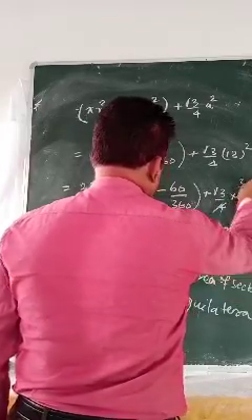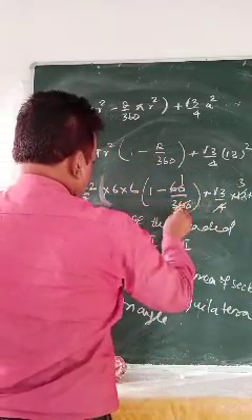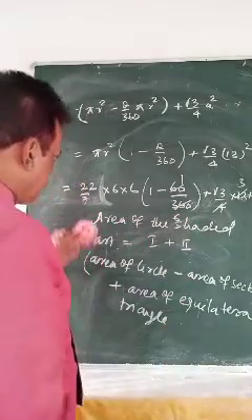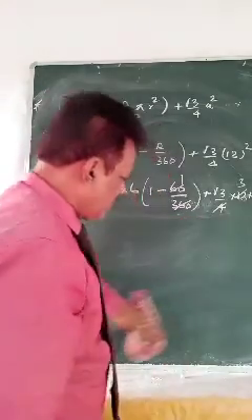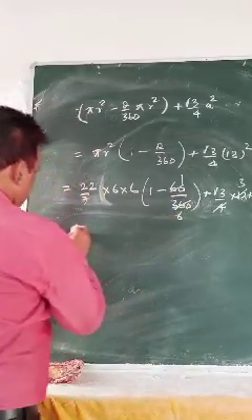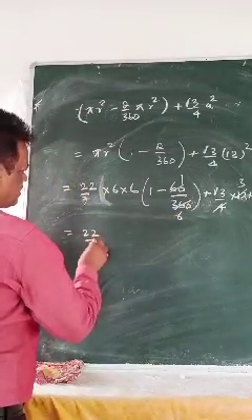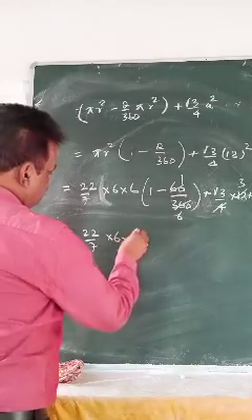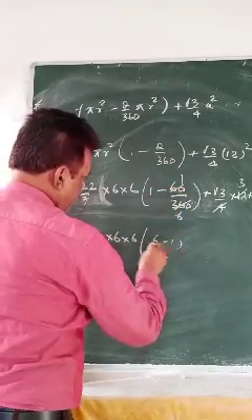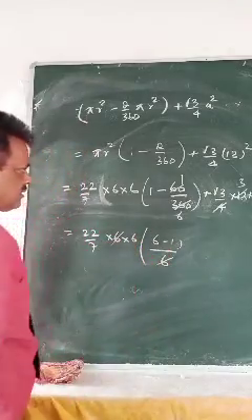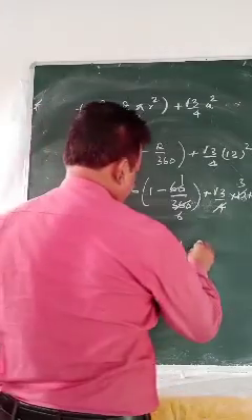This is 3. This is 1. This is 6. How much did you get? Now 22 by 7 into 6 into 6 into 1 minus 1 by 6. The 6 is cancelled.